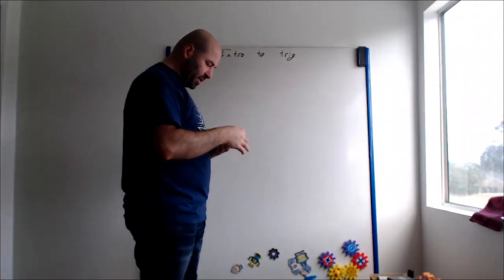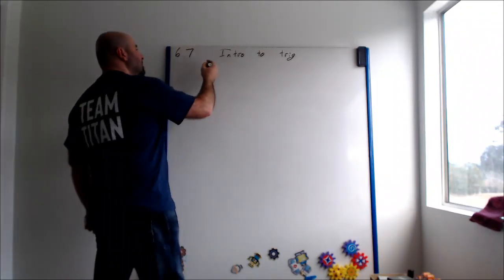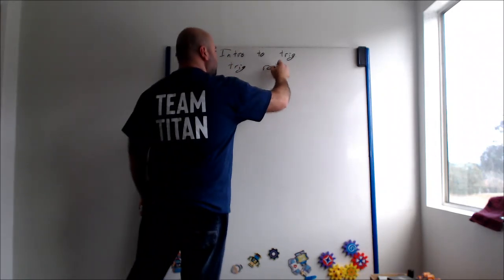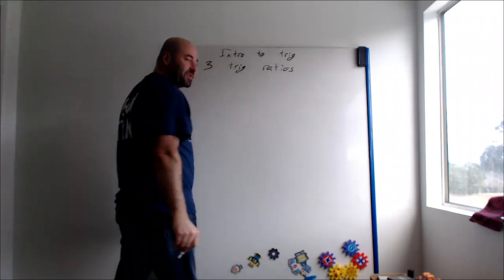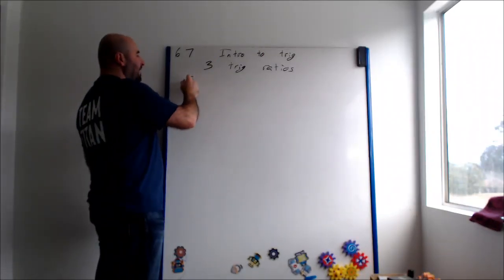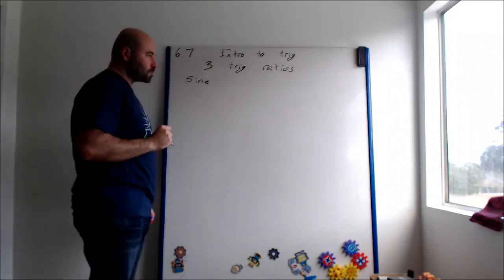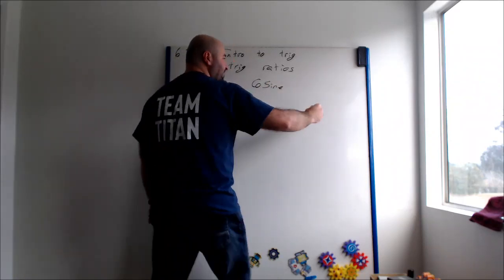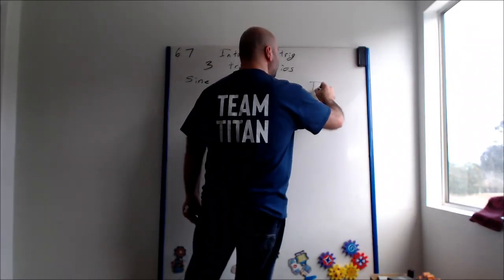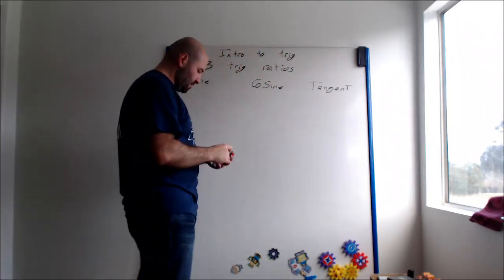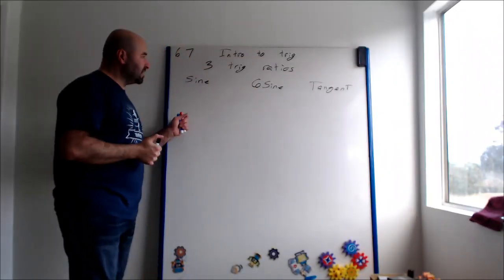And we have three trig ratios. So the first trig ratio is sine. And then we have cosine. And then finally tangent. So these are the three trig ratios.